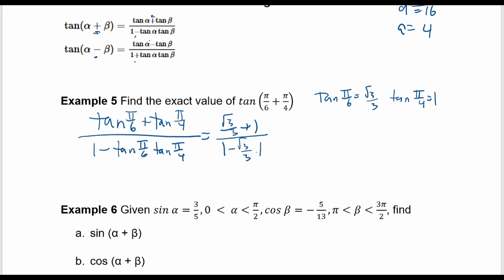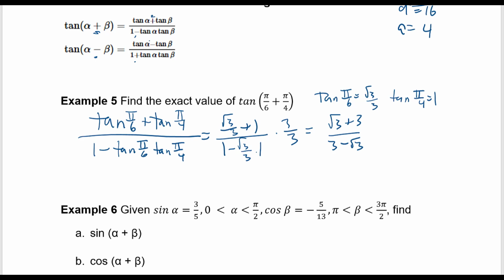Now, this isn't a great look, but what if I multiply everything by 3 over 3? That gives me the square root of 3 plus 3 over 3 minus the square root of 3. Okay, that didn't really do as much as I wanted.